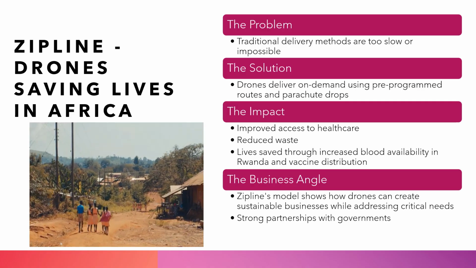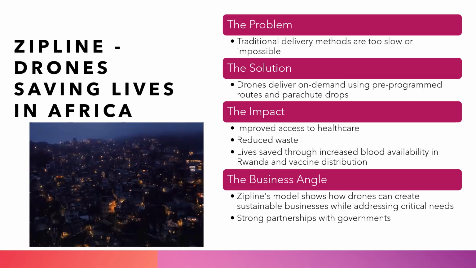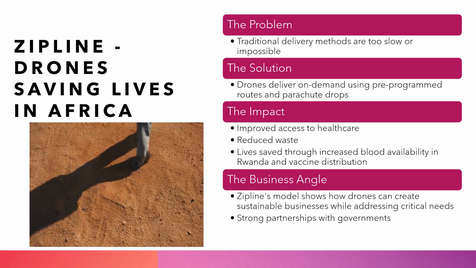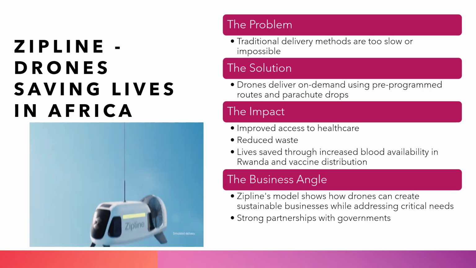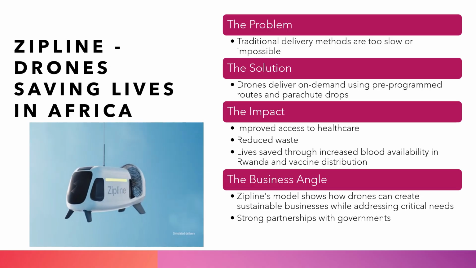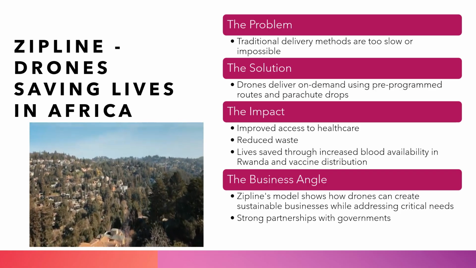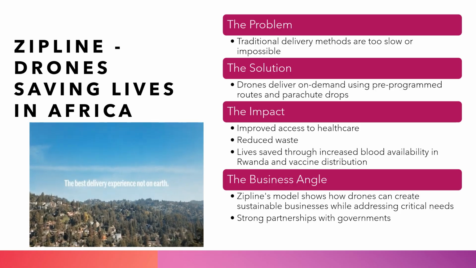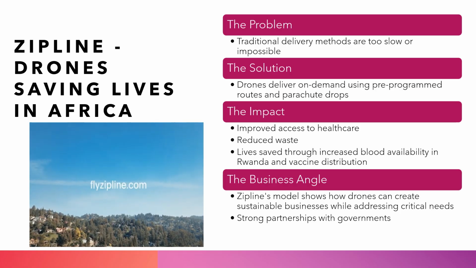Zipline has two platforms, one for long-range delivery and the other for precise home deliveries. They have delivered to thousands of homes, hospitals, and businesses in the US, Rwanda, Ghana, Nigeria, Kenya, and Japan.